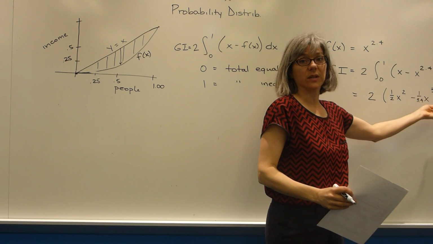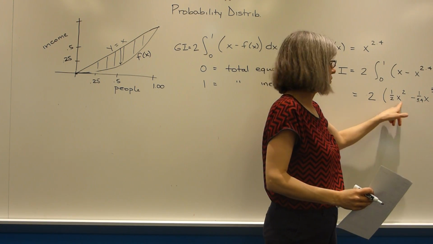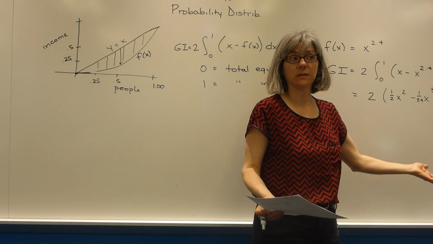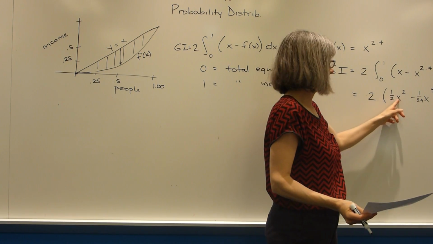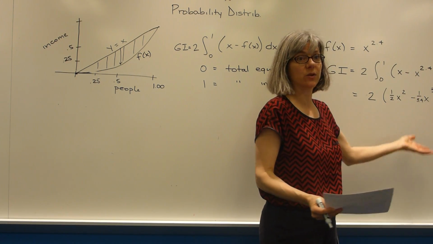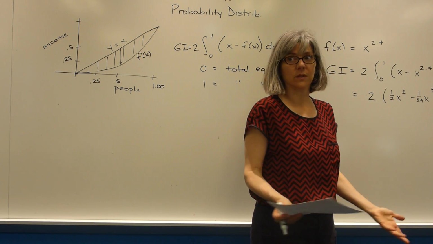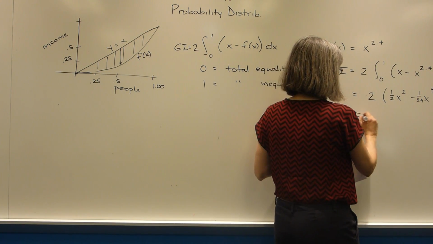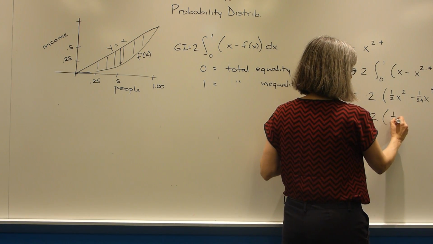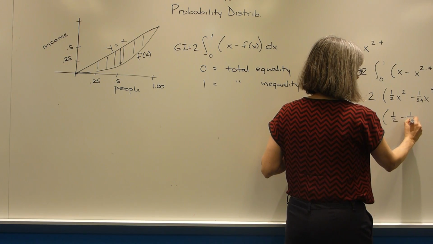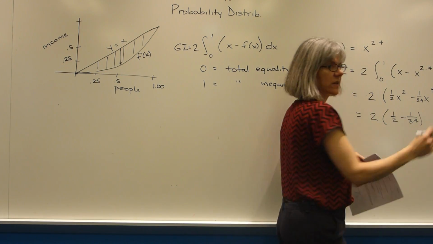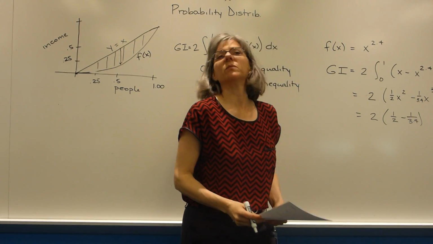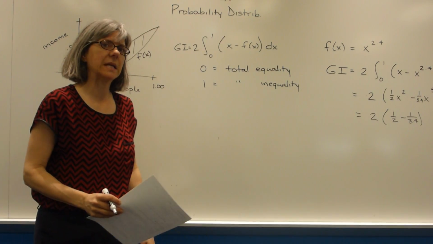It's a great evaluation, isn't it? Because you put 1 into a power, any power, and you get just 1, right? 1 to the anything is 1. And you put 0 in, you get 0. So this evaluates really easily as well. So this is just 1/2 minus 1 over 3.4, or whatever that ends up being.